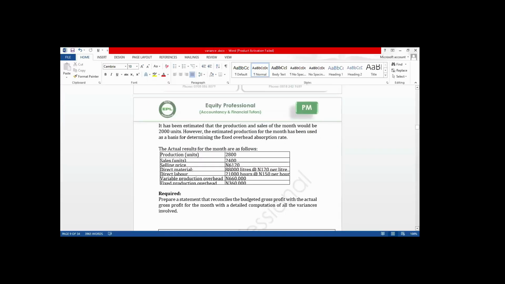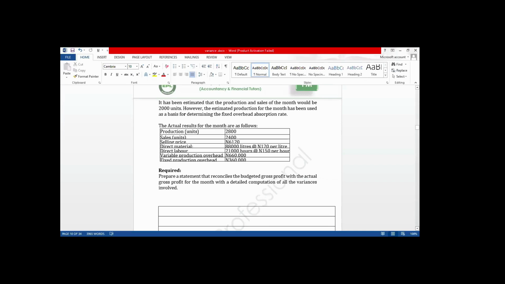Requirement 1, for 20 marks. Prepare a statement that reconciles the budgeted gross profit with the actual gross profit for the month, with a detailed computation of all the variances involved. 20 marks.